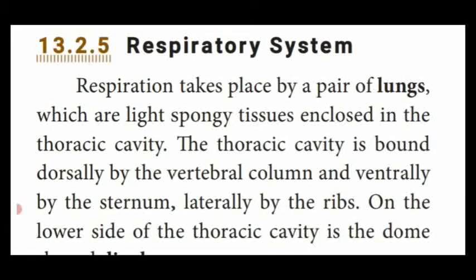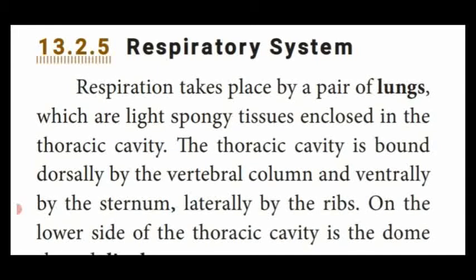The thoracic cavity is bound dorsally by the vertebral column, ventrally by the sternum, and laterally by the ribs. So these are the three regions which bound the thoracic cavity. Inside the thoracic cavity we have the pair of lungs. Dorsally, the vertebral column, that is the backbone. Ventrally, the sternum, and laterally the rib cage.